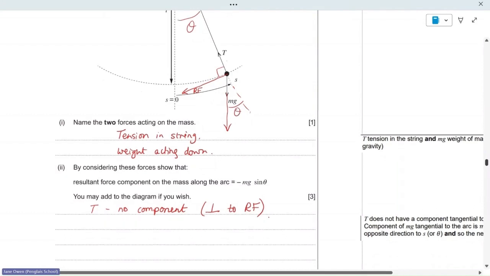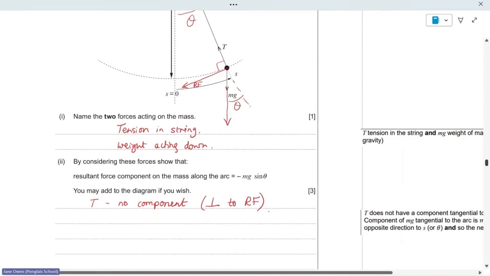And I always say to my students, if you're going away from the angle, and I want to get the component of mg tangentially, as opposed to in the same direction as the tension.